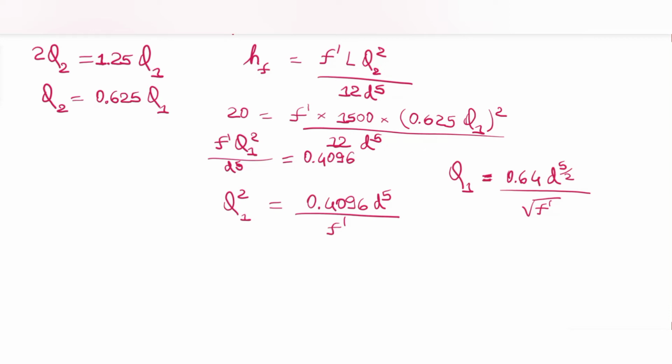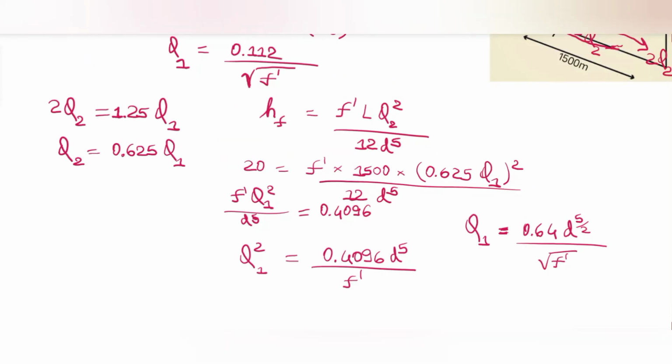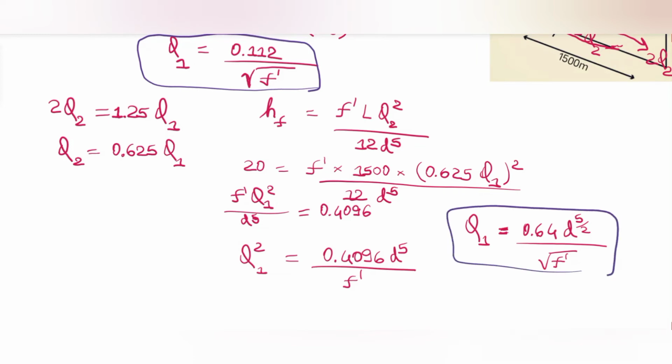Now we'll be comparing this Q1 value that we have got and this one. 0.112 divided by root F dash is equal to 0.64 d raised to 5 by 2 upon root F dash.